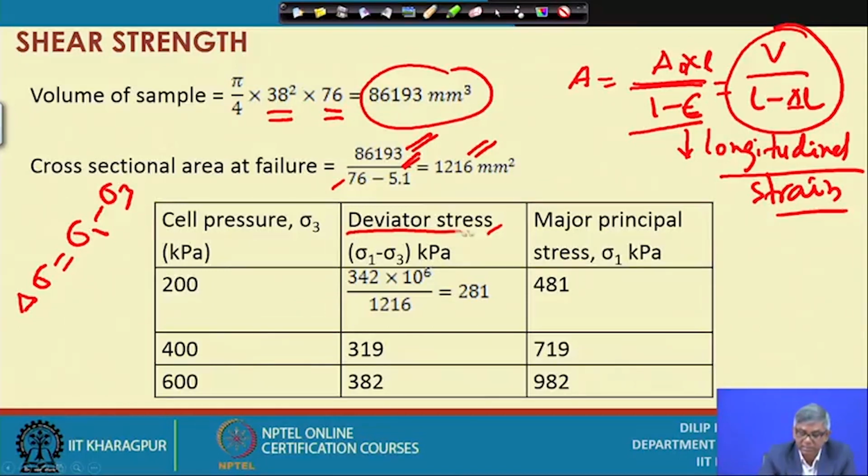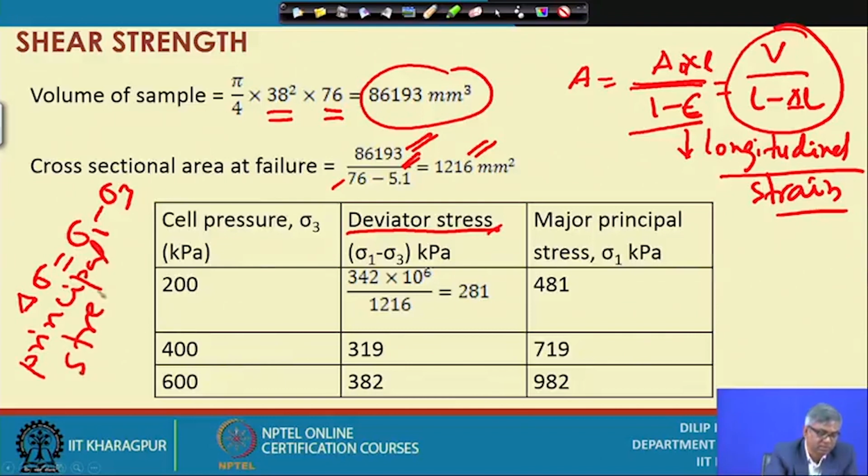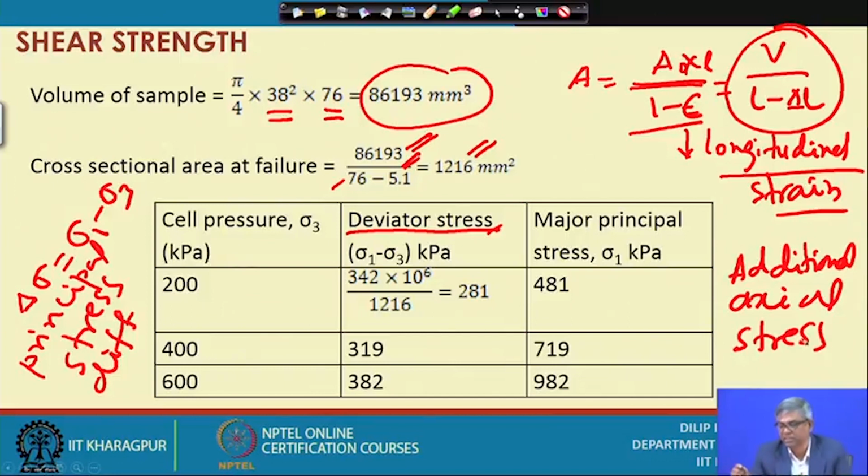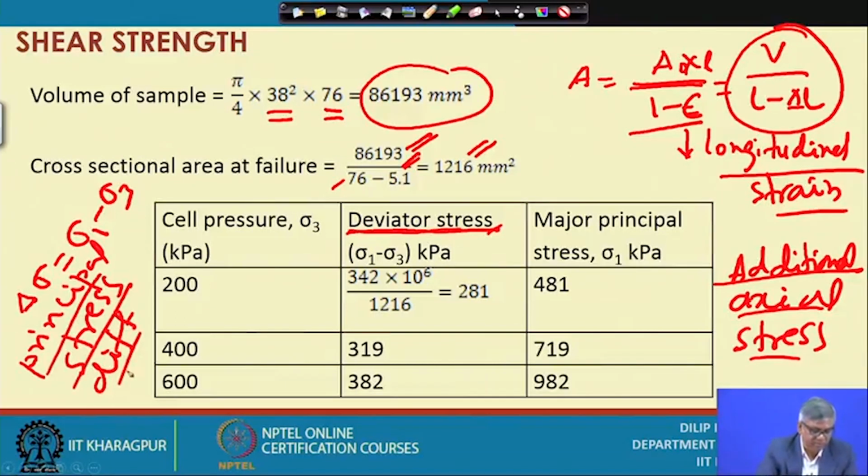Sometimes it is deviator stress, sometimes it is called principal stress difference, sometimes it is called additional axial stress. So, these three names: additional axial stress, deviator stress, or principal stress difference.